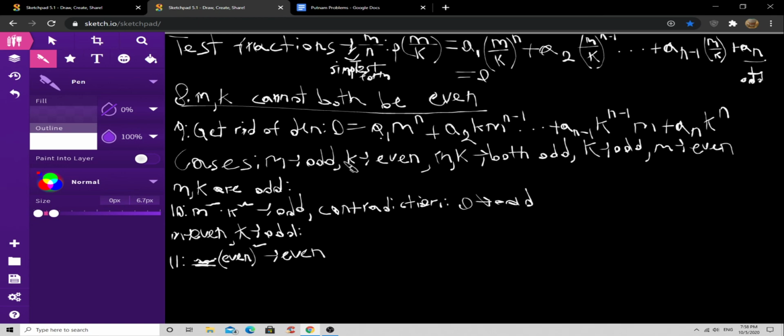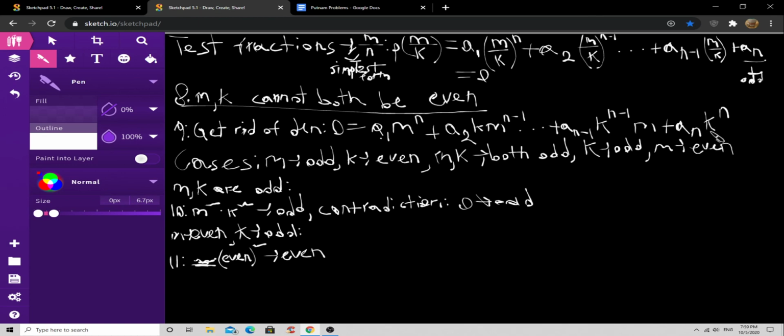So if m is even, then we'll get an even value for all of these m's. But we don't have an m value for this last term here, so that doesn't have an m value. Interesting.